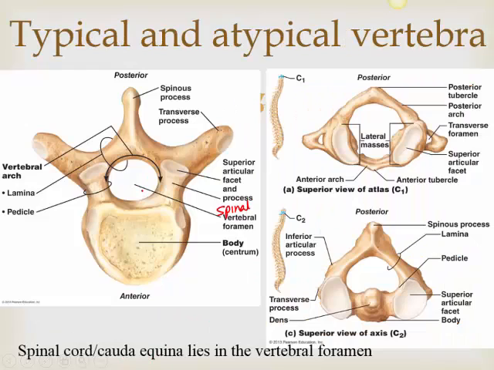So in the lumbar vertebral foramen and the sacral area, instead of spinal cord, you have cauda equina. This area is meant for the spinal cord, or in the lower vertebrae, for the continuation of the spinal cord known as the cauda equina.